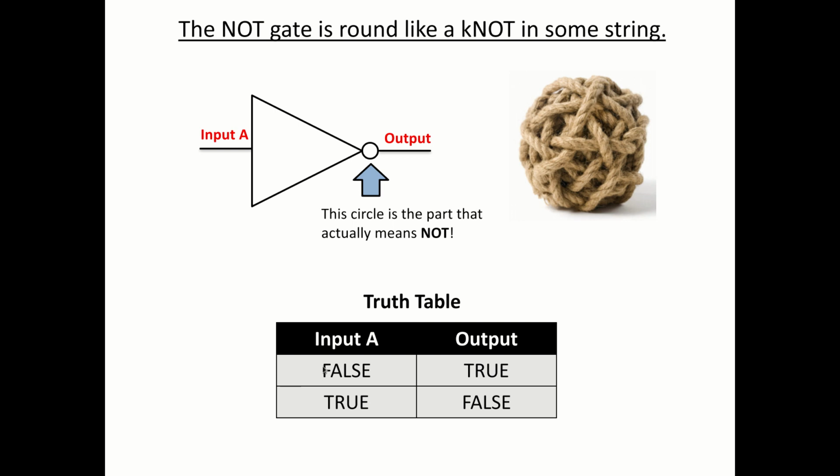Okay, so when I'm drawing this truth table, I've put false here and true here, because when this is false, this is true. But I could equally well have put 0 here and 1 here, because 0 means no electricity flowing and 1 means there is electricity flowing. Okay, so we've had a look at these 3 logic gates: AND, OR, and NOT.